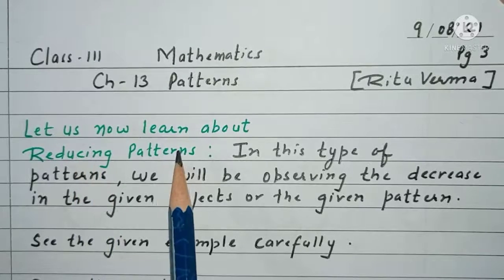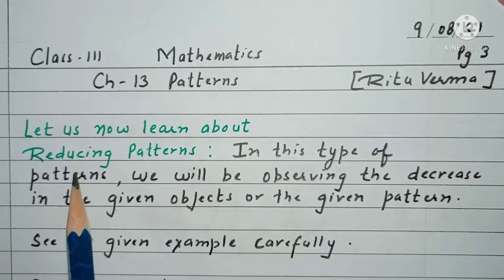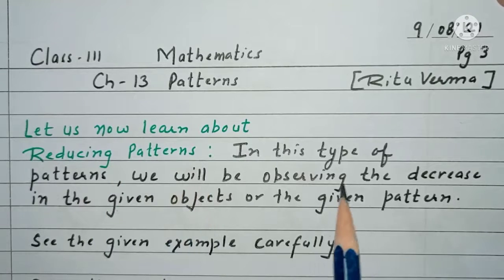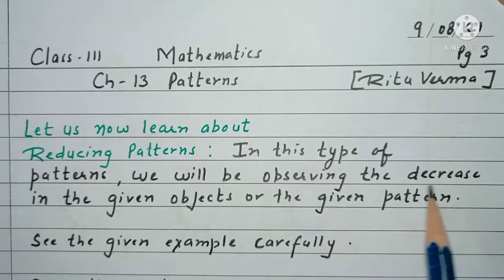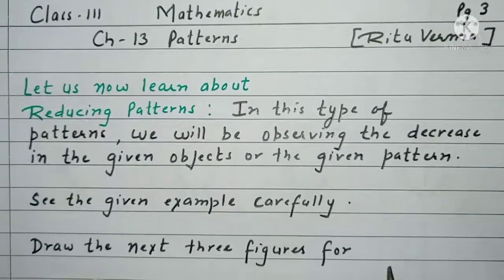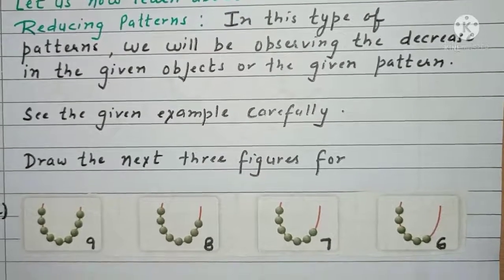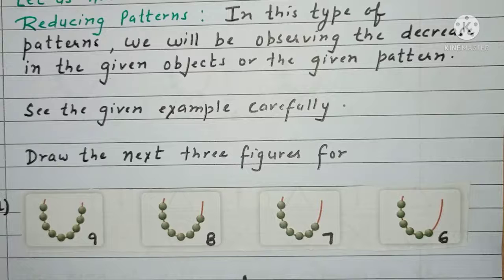Let us now learn about reducing patterns. As the word says, reducing. So, in this type of patterns, we'll be observing the decrease in the given objects or the given pattern. Now, see the given example carefully. In this pattern, you have to draw the next 3 figures.